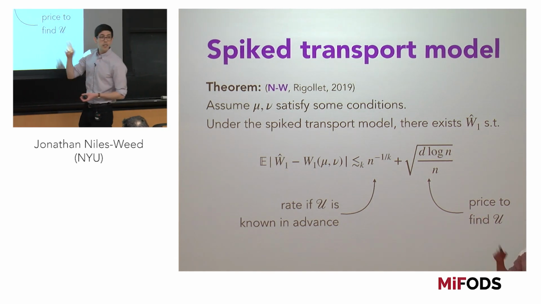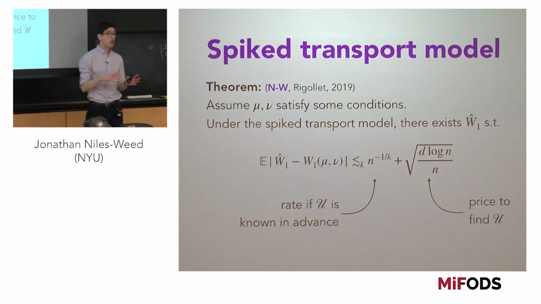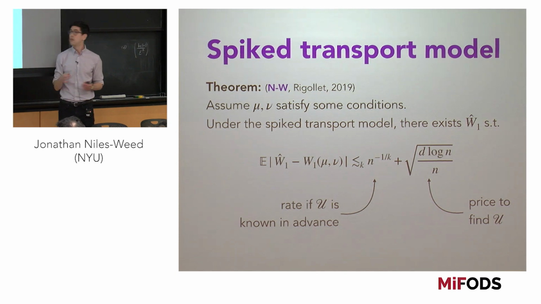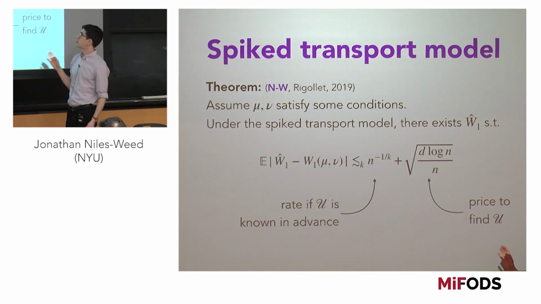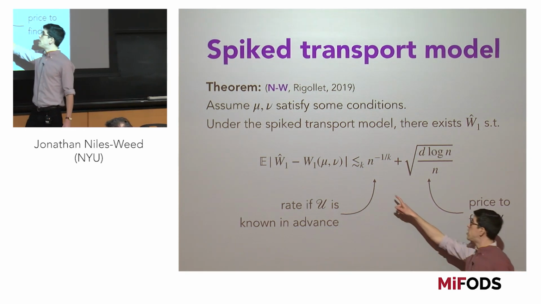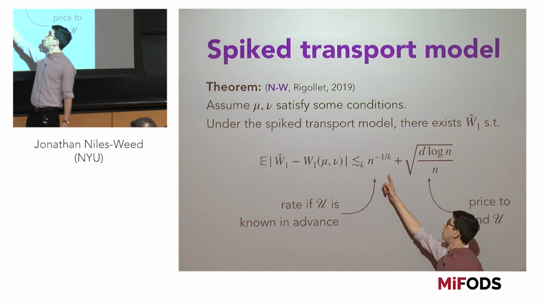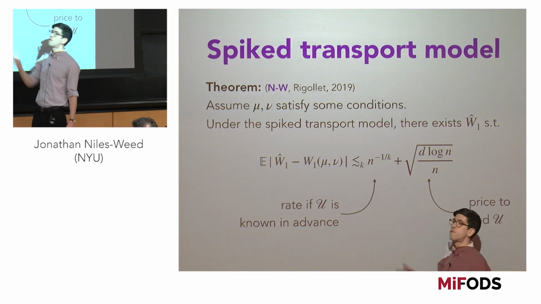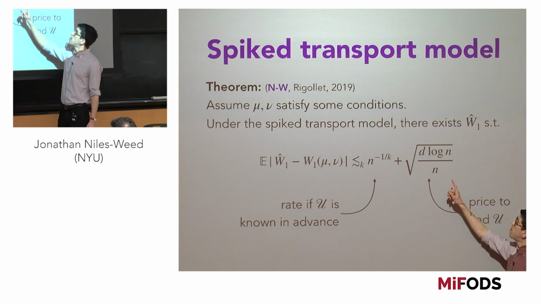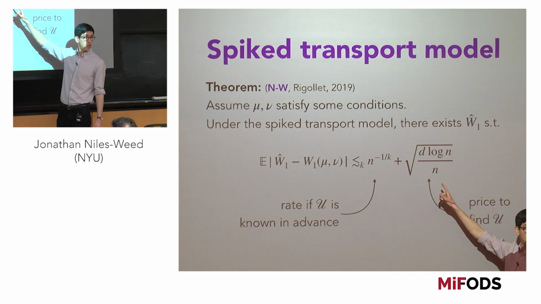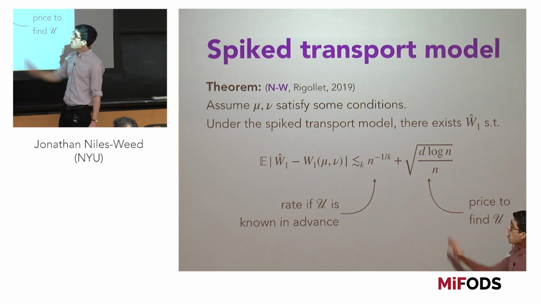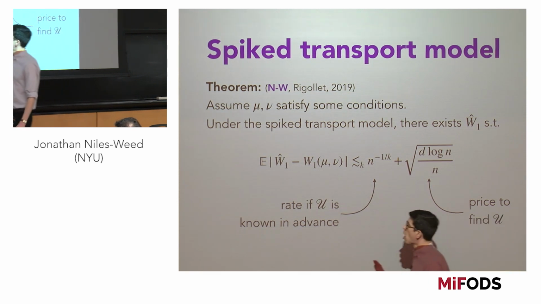The second term is the price to pay for the fact that I have to look over all possible directions, right? The fact that I don't know which direction this thing lies in. So we see two terms here. We have a term that pays for the k-dimensional slice, and the only appearance of the ambient dimension is in this second term, polynomially in n. And both of these terms are optimal up to log n factors.